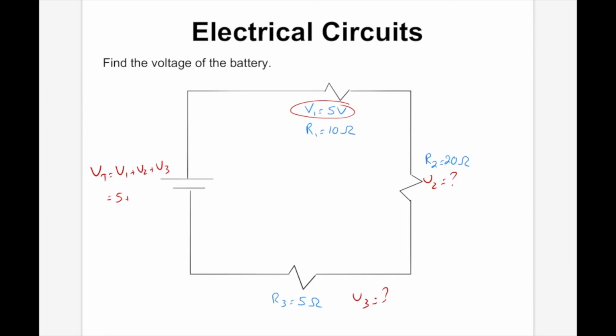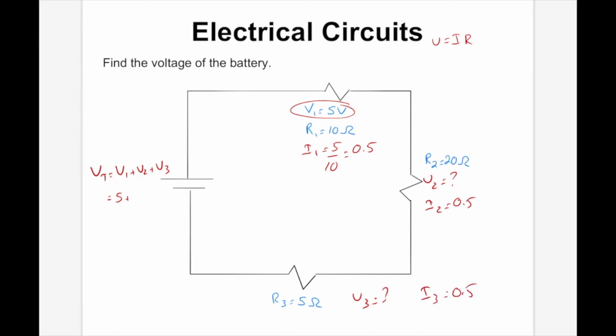So what we can do is figure out I1 given the information in number 1 here. And we're using our equation, V equals I times R. I1 is going to equal V1, which is 5, divided by R1, which is 10. 5 divided by 10 is 0.5. Since this is a series circuit, we know that if I1 is equal to 0.5, I2 is going to equal 0.5, and I3 is going to equal 0.5.